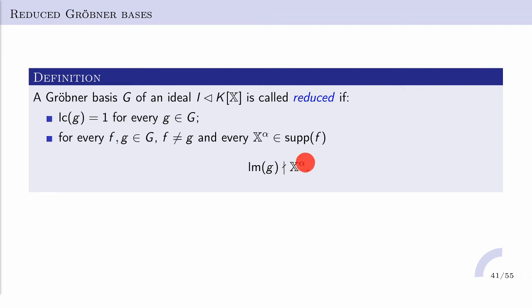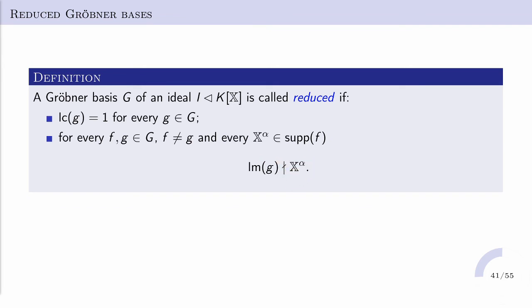Here we don't take only leading monomials because we got rid of those polynomials where the leading monomial of one divided the leading monomial of the other at the stage of minimization. Here we take any monomial from the support. So the Grobner basis is reduced if the leading monomial of any polynomial never divides a monomial of any other polynomial.